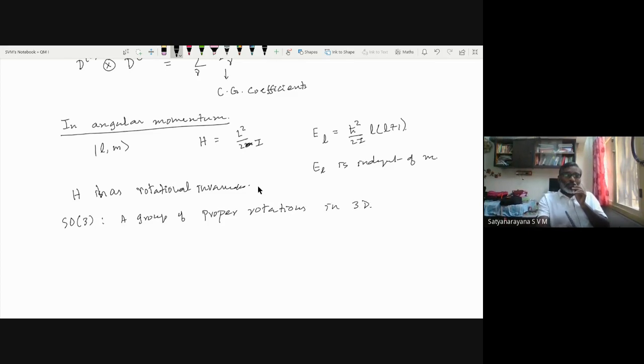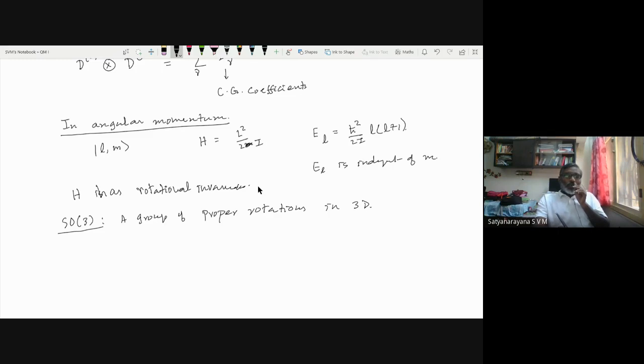This is a continuous group, and it is characterized by some 3 Eulerian angles, which you might have studied in rigid body dynamics, or it can be characterized by 1 angle and 1 axis. So there are different representations: axis angle representation, 3 angle Eulerian angle representation, like that. There are 3 parameters, and these 3 parameters are 3 angles. So you have a continuous group.